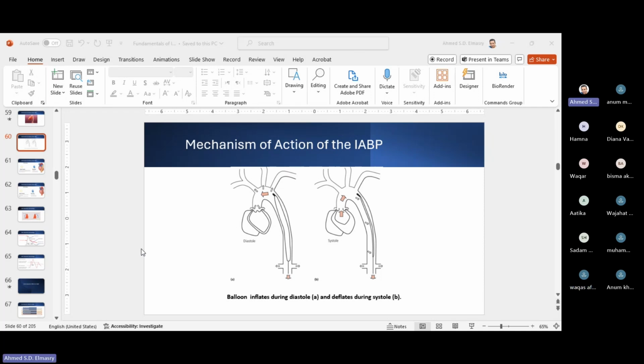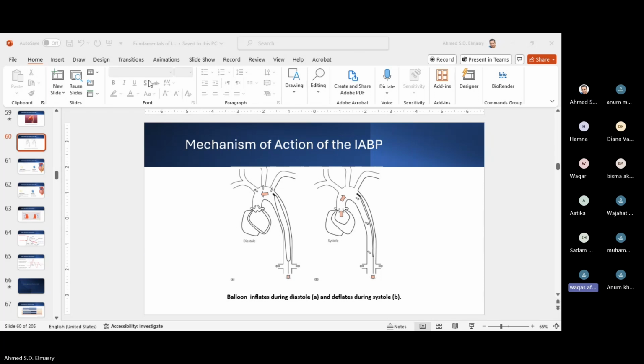During vigorous exercise you need more blood supply to the muscles, and when the muscle is squeezed, it will increase the venous return to the IVC and to the heart. So this should achieve the balance.